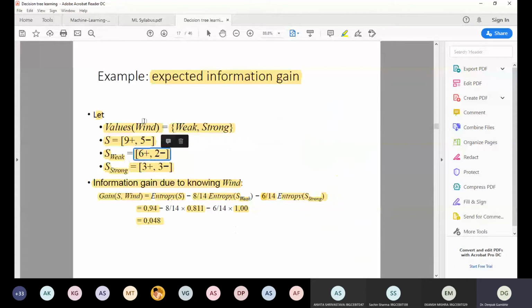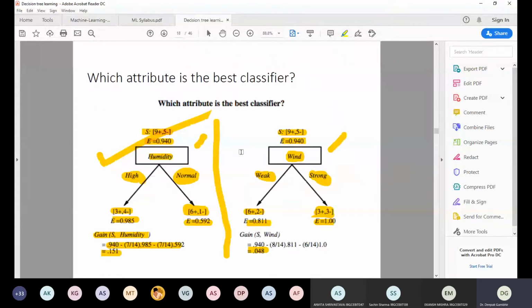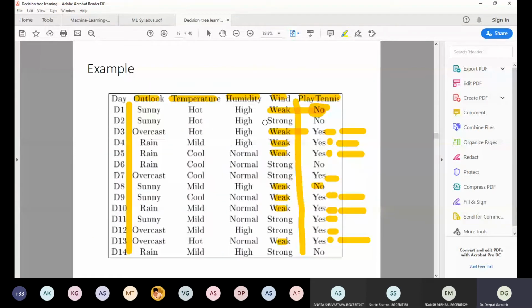Similarly, for the wind strong, we have 3 positive and 3 negative. Let's see. These are the strong cases. For each strong, we consider positive first: 1, 2, 3. Okay, all are covered. Now strong negative: 1, 2, 3.